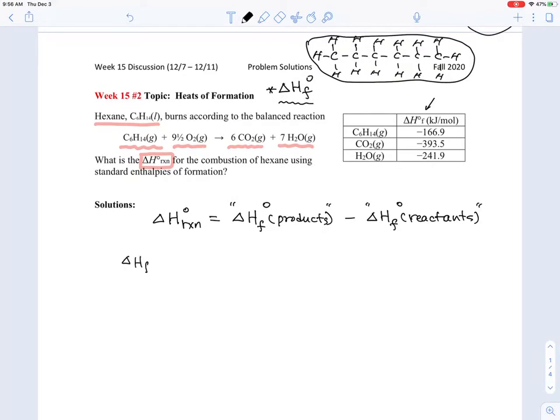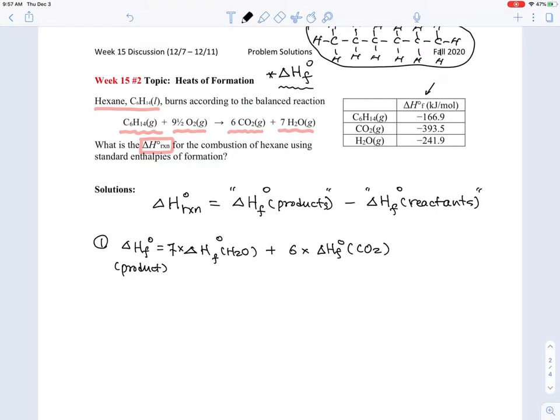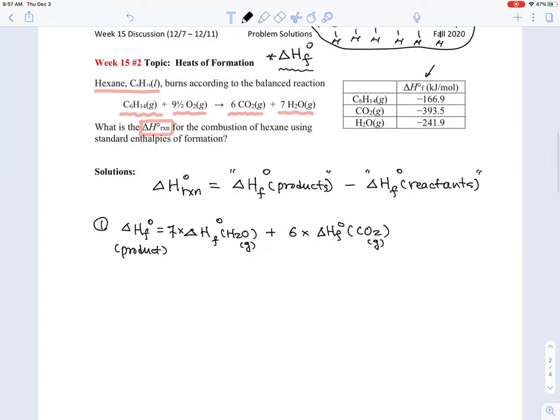Delta H for product. So that's a 1 involved with the product, with delta H of formation of water, and there are 7 of them, so multiply by 7. Plus 6 of CO2, so delta HF of CO2, which I think is a gas, and that information is correctly given.